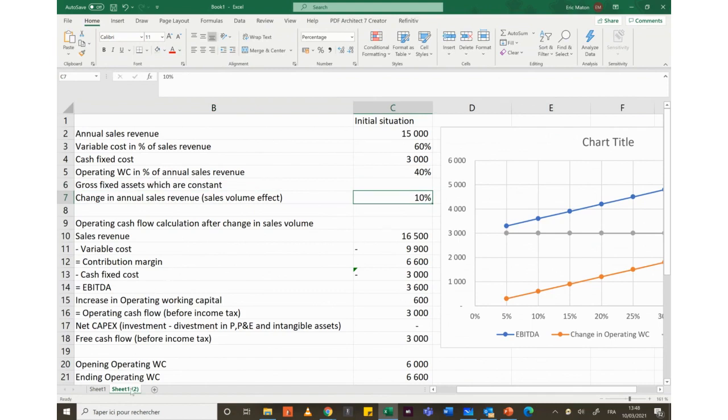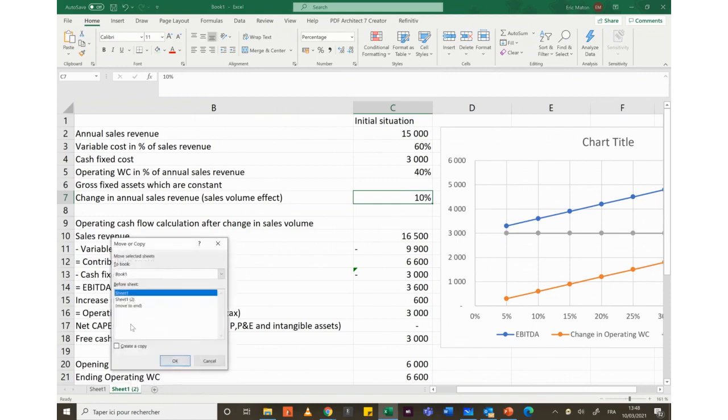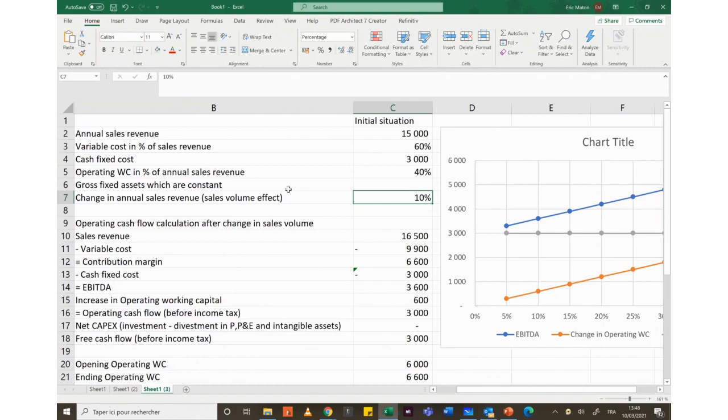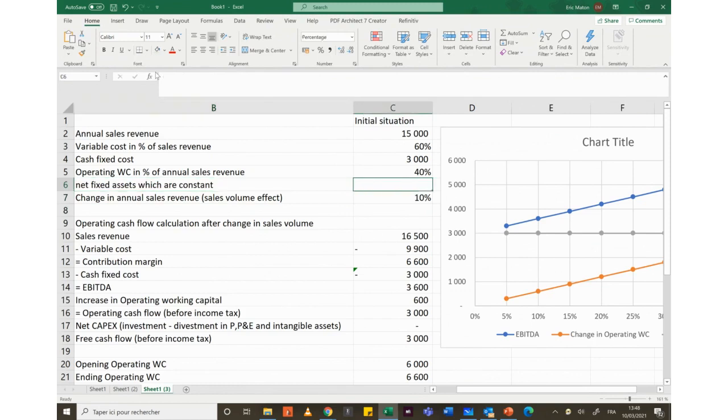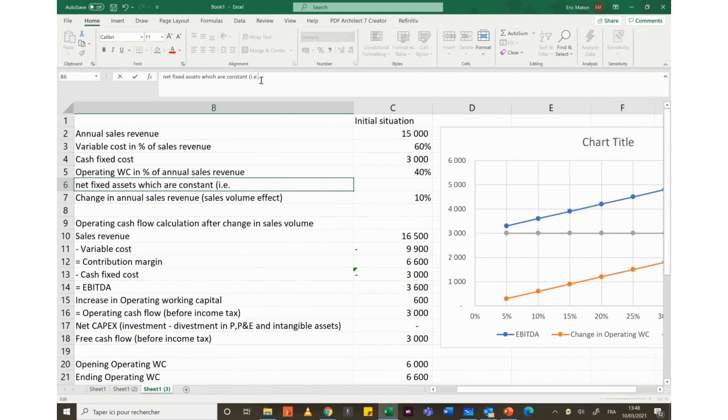And you can have the situation where now it's the net fixed assets which are constant. So it means here net capex is equal to the depreciation expense.